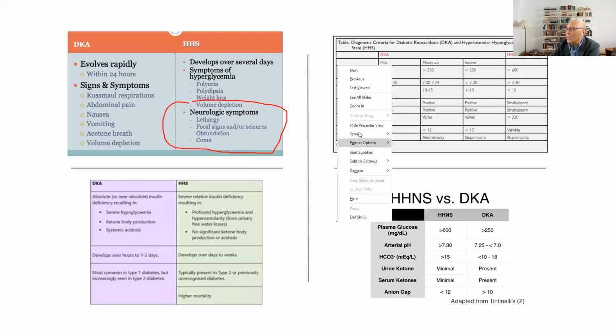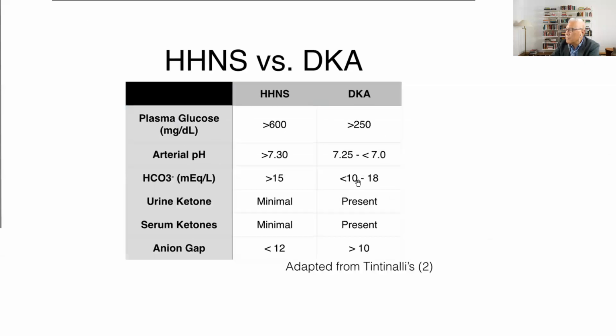And I'd like to zoom this in as a comparison. Notice that in HHNS, your glucose is going to be very high. Usually, your DKA is over 250, but it usually does not reach above 600. So if it is over 600, it is now HHNS.